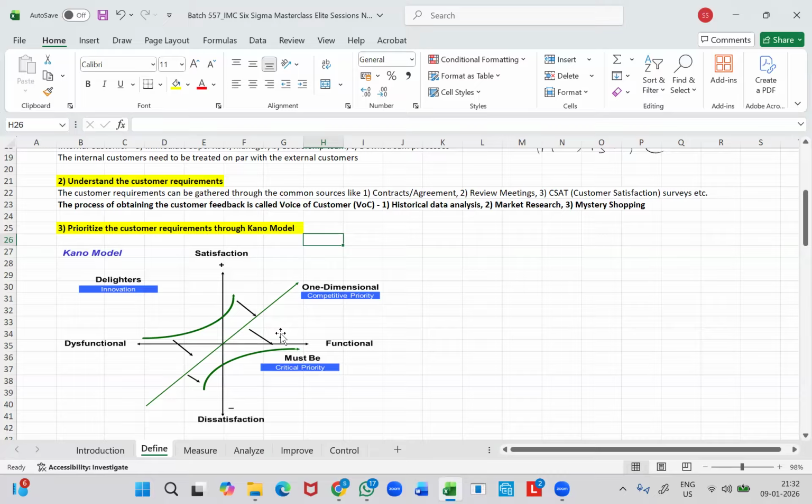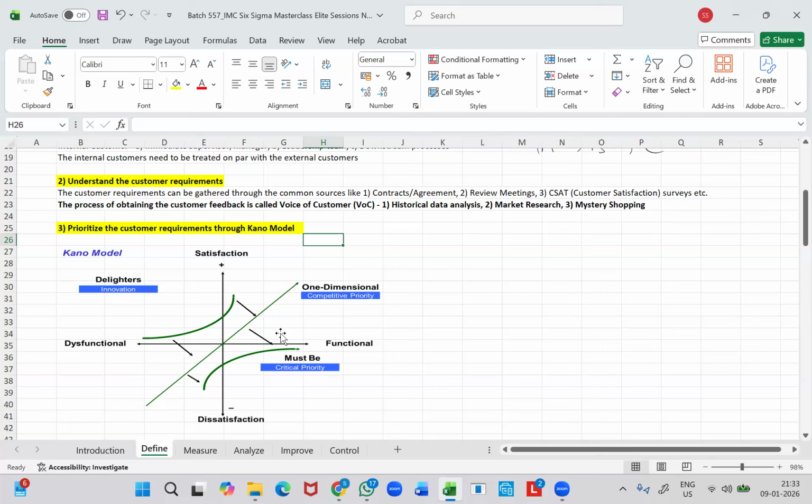The number of times you are able to achieve the target accuracy of 99% would actually result in the satisfaction levels for the customer as well. So the higher the number of times you achieve the target accuracy of 99%, the more satisfied the customer will be. The fewer the times you achieve it, the less satisfied the customer will be, right? So this could be the one-dimensional need.